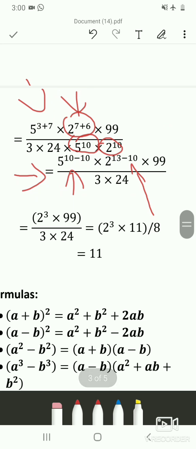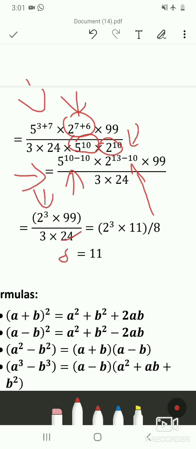So the final simplification is, so here this 5 raised to 10 minus 10 is nothing but 5 raised to 0, which is equal to 1. So here 2 raised to 13 minus 10 is 2 raised to 3 into 99 whole divided by 3 into 24. So 3 8s are 24 and 3 3s are 9, 3 3s are 9.